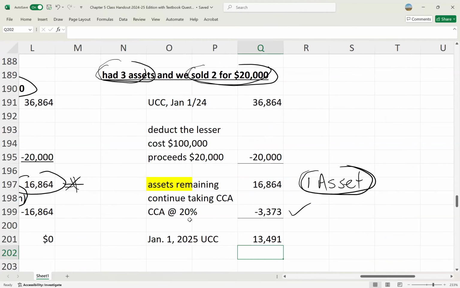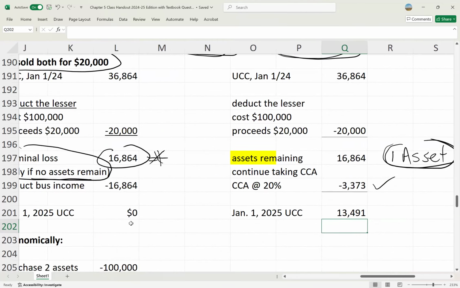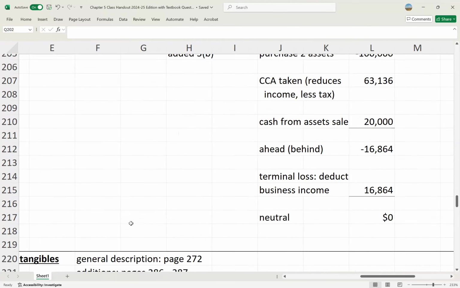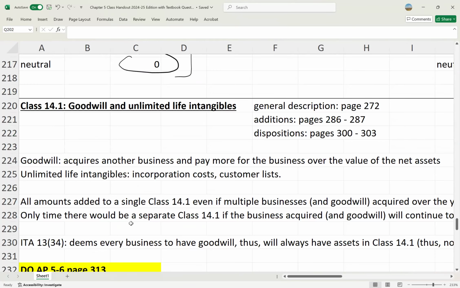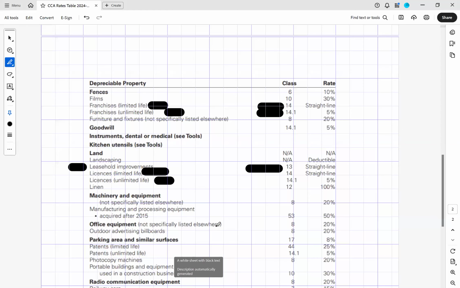What we're going to move on to next then is class 14.1, goodwill and unlimited life intangibles. So let me just bring up again the CCA rates table quickly. So here is the CCA rates table. Let's scroll down. Actually, goodwill is right here.